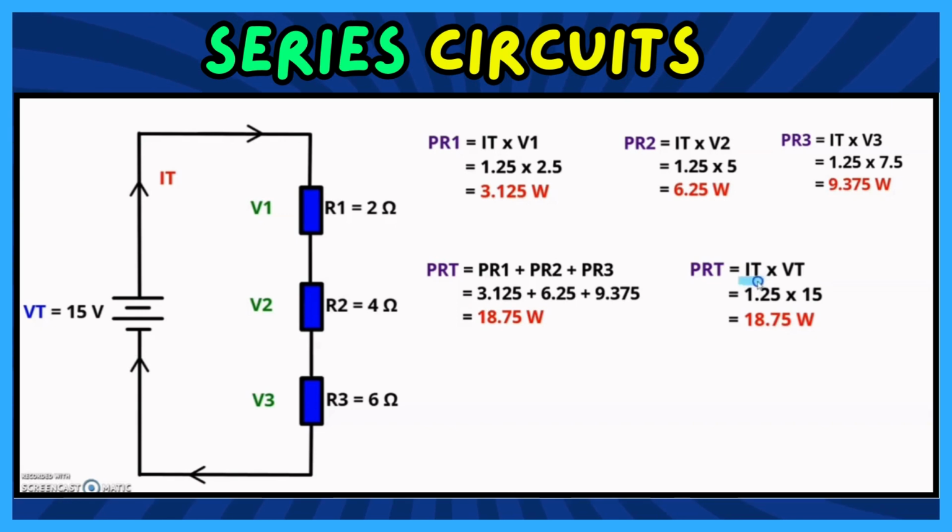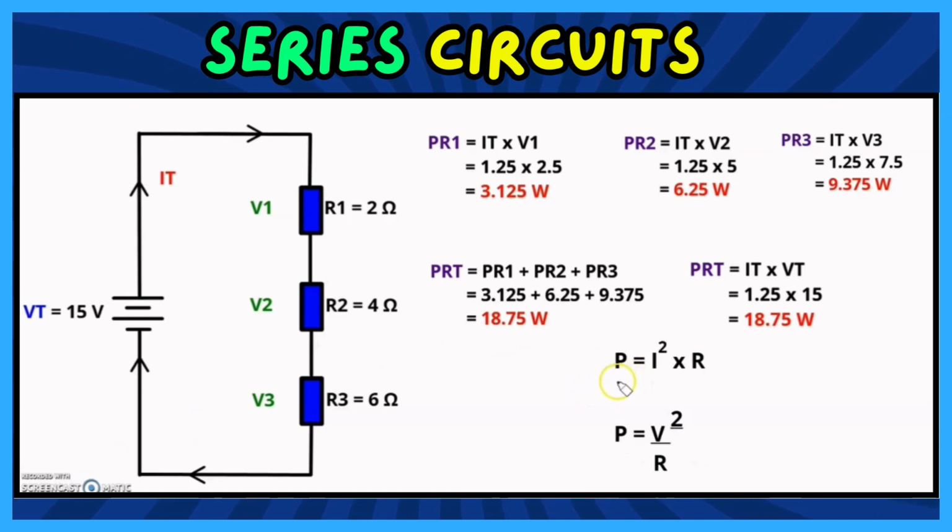Remember, the only current that we have is I total, so I need to use that, and then I use my total voltage in the circuit. We need to get the same value, and as you can see, 1.25, my total current, multiplied by the total voltage of the circuit is also going to give me 18.75 watt, which means we have worked correctly.